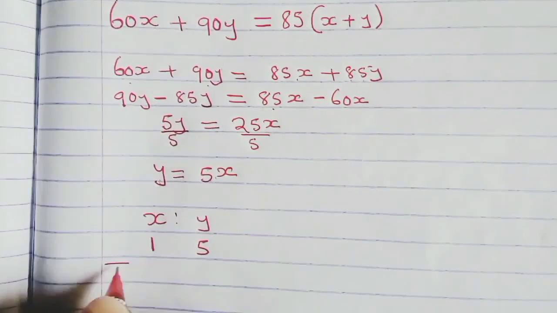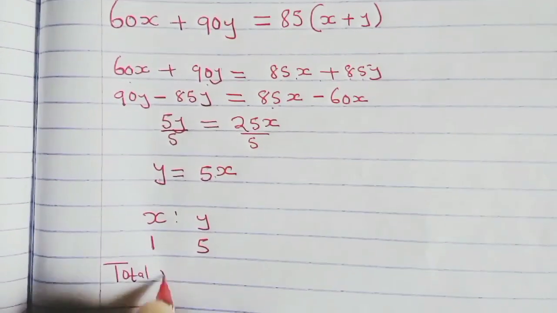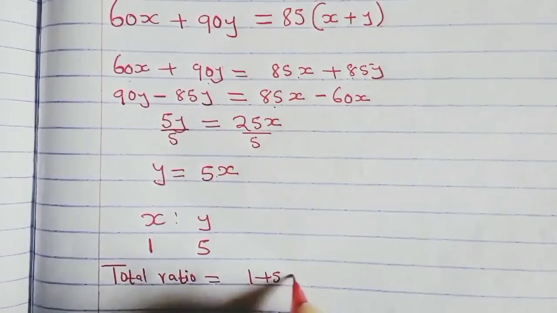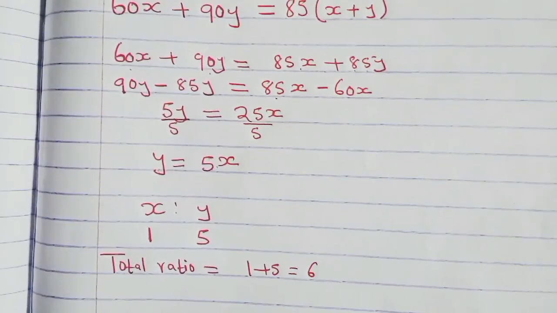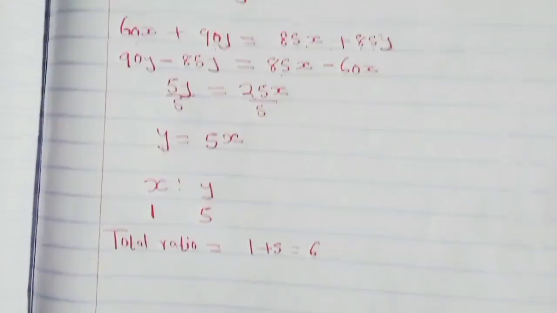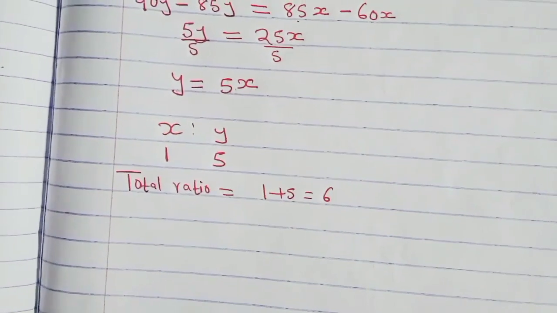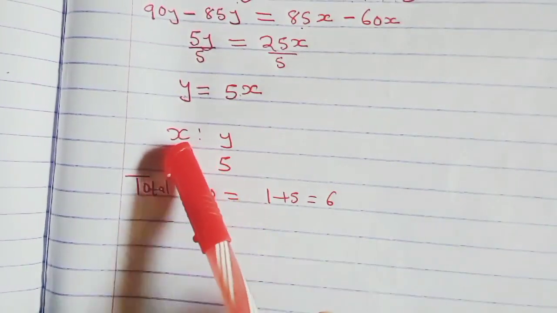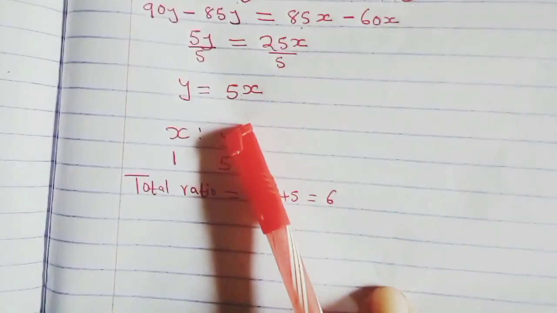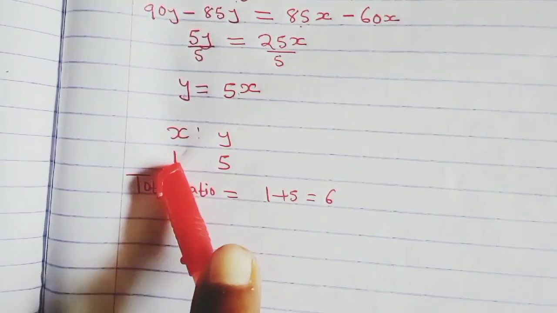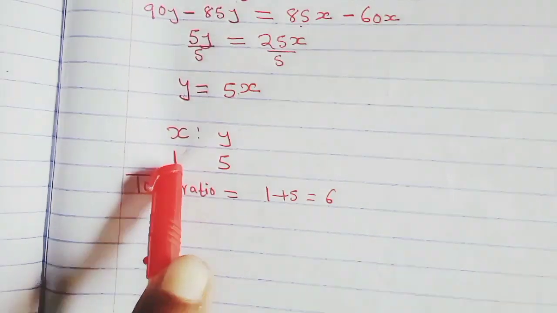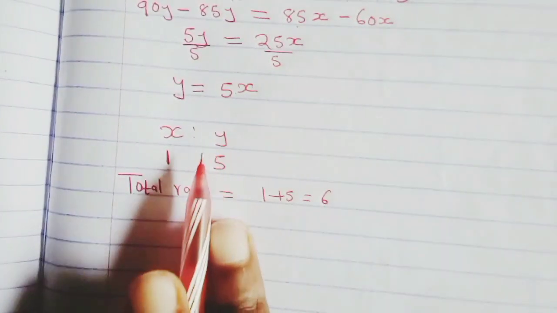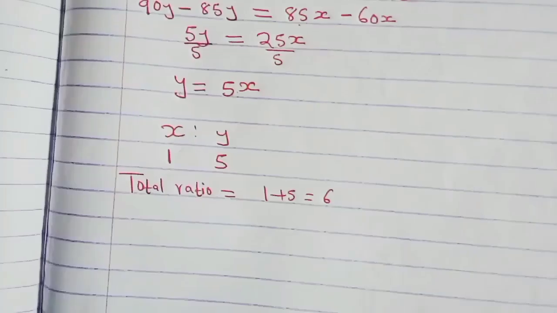So the total ratio here will be 1 plus 5, which is equal to 6. This means x is the kilograms for maize and y is the kilograms for millet. Sorry, it means for every 5 kilograms of maize we have 1 kilogram of millet.